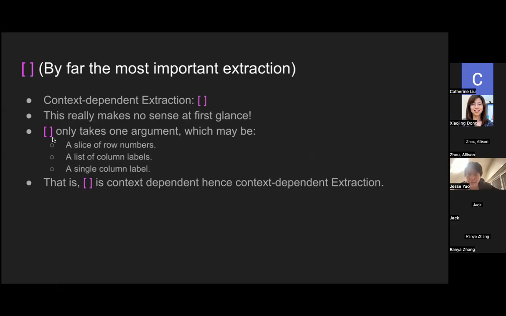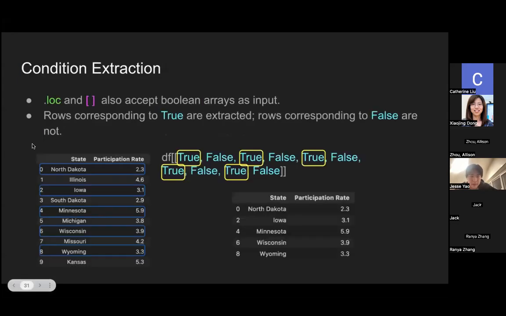The tricky thing about this notation is that it can take in 3 or 4 different things, from what we've seen, and do 4 completely different things. You can put in a slice to get row numbers. You can put in a list of column names to get a table. You can put one column name to get a series. And you can also put a Boolean array to extract or filter, the conditional extraction.